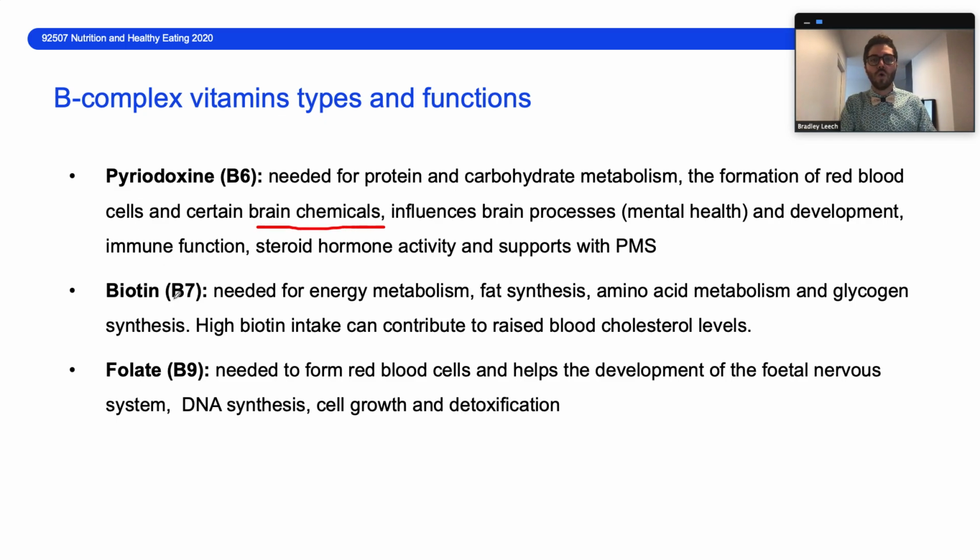So these are your neurotransmitters. These are things like your serotonin, your dopamine, your noradrenaline. These neurotransmitters within our brain require B6 as a cofactor to actually make. So to make serotonin, your happy hormone, you require sufficient amounts of B6 for the conversion.